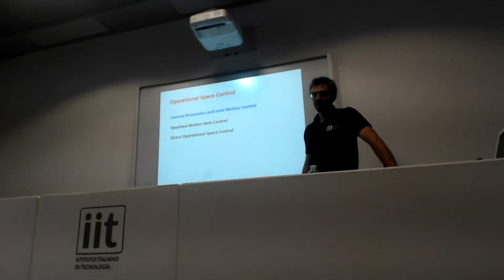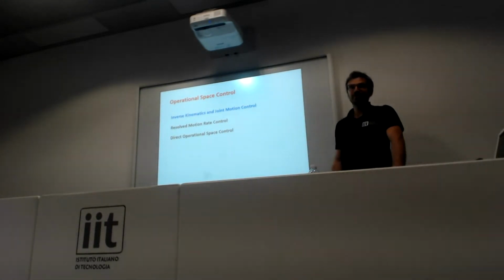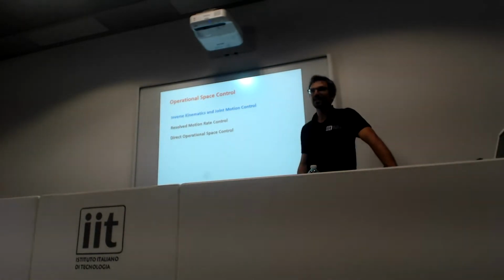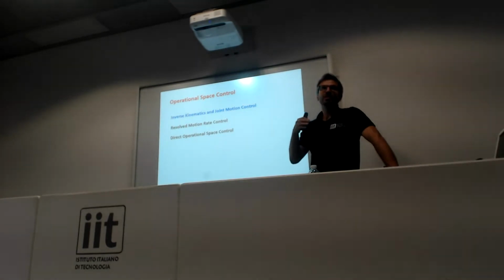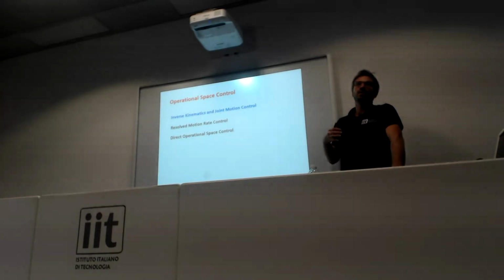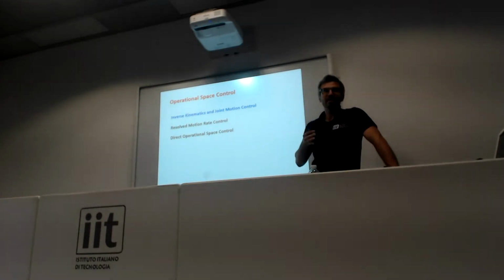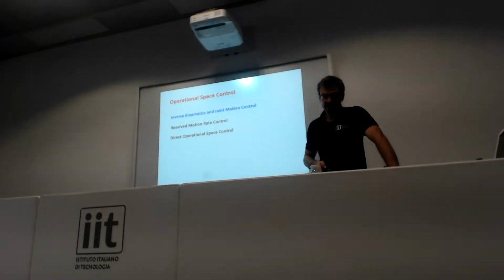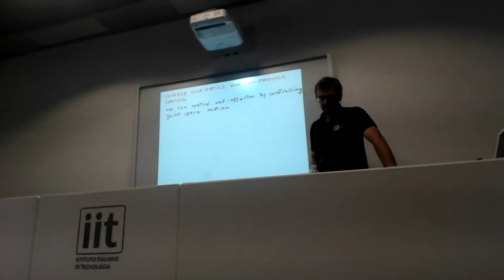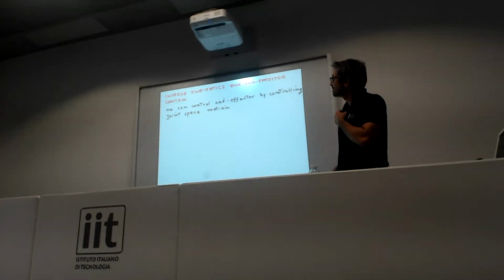The first and easiest approach to control the end effector is to implement inverse kinematics and still close the loop at the joint level. This means we keep using the joint level controller developed in the last lecture, and we just map the motion that we desire at the end effector as a desired motion at the joints.